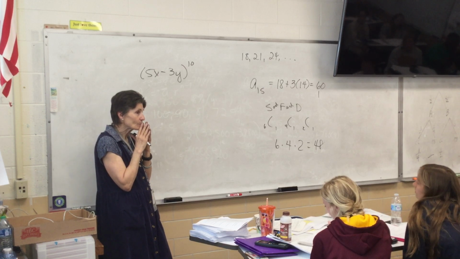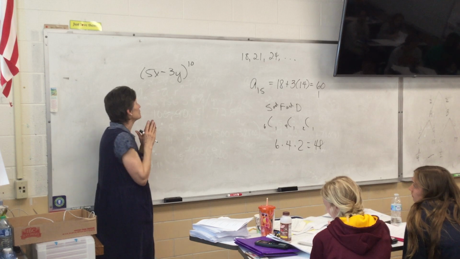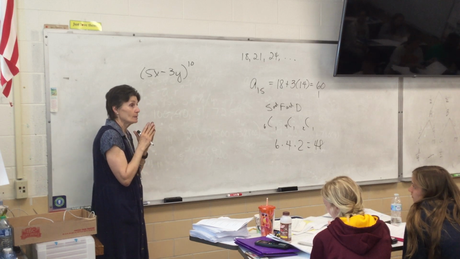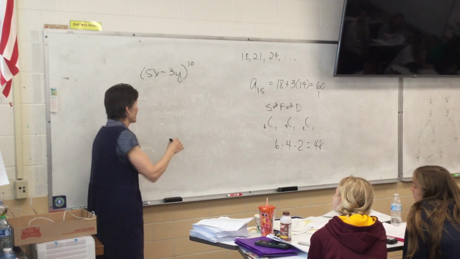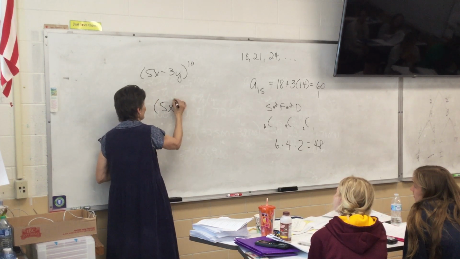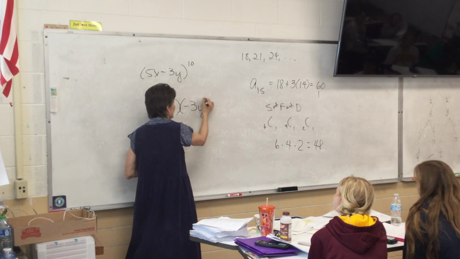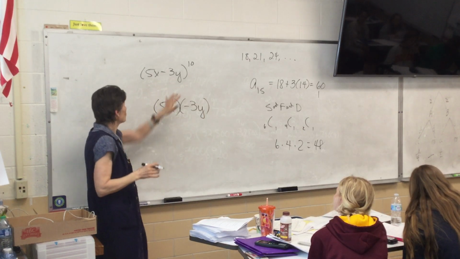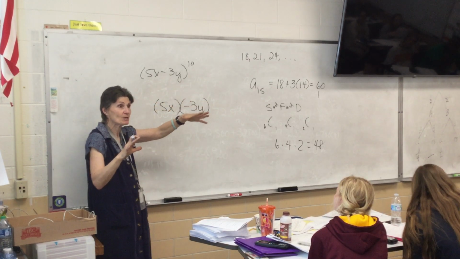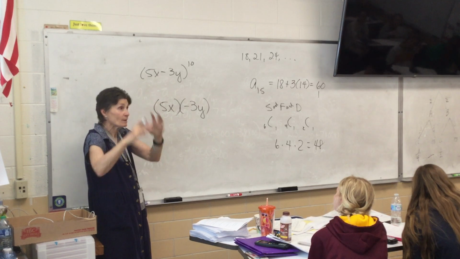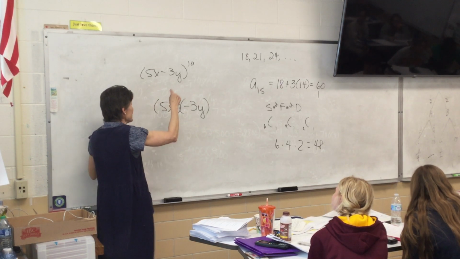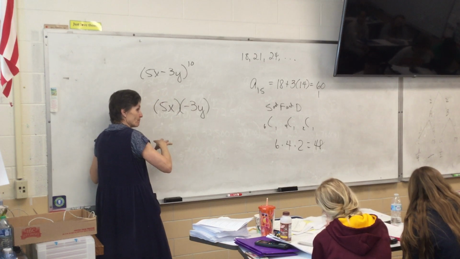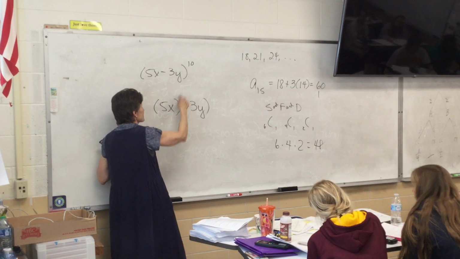Okay, so Jeff says, whatever these terms look like, they're going to have a power of 5x and a power of negative 3y. Those are the terms of the binomial, so those are going to be present in every term. Now, in the very first term, the power on this would be 10.